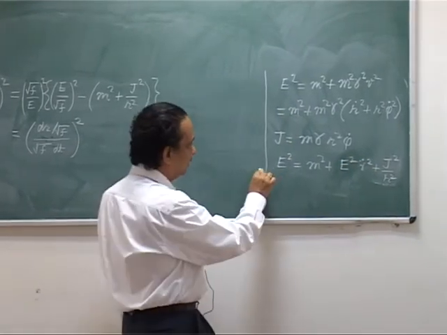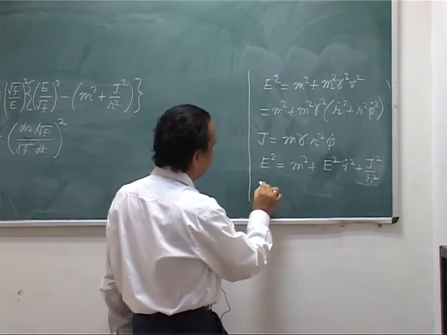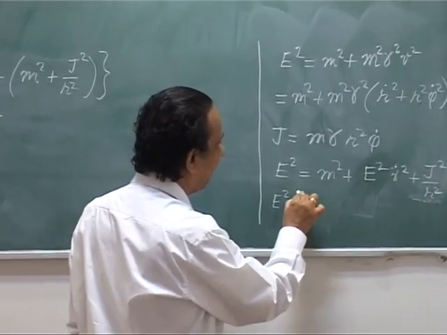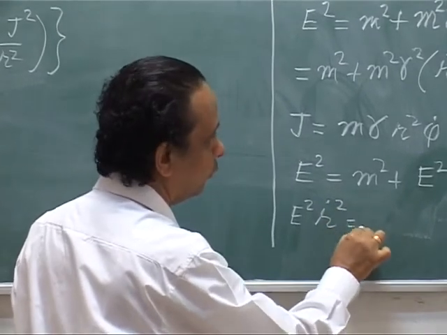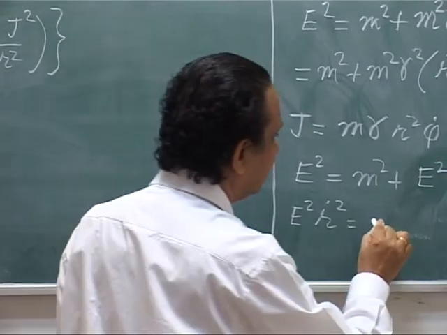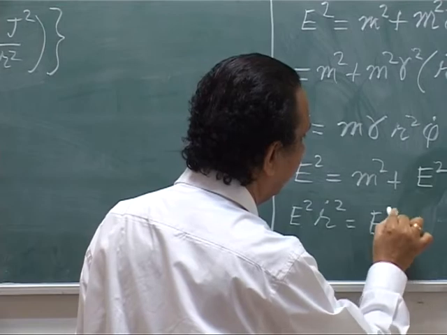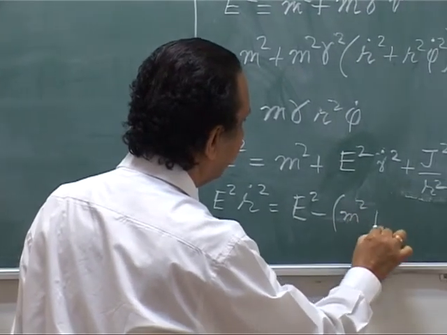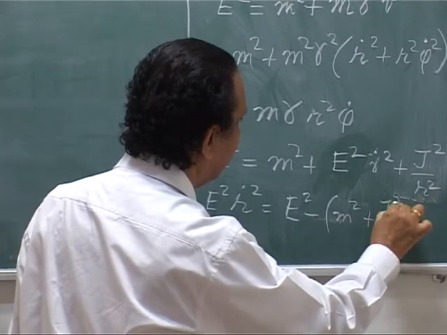So, you get the result, which is actually a nice result, that E square r dot square is equal to E square minus m square plus j square by r square.